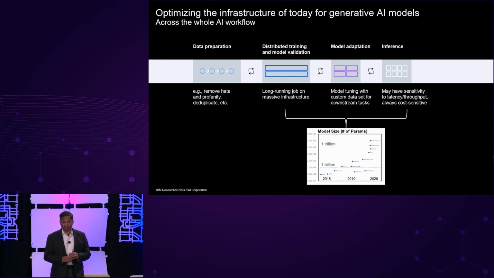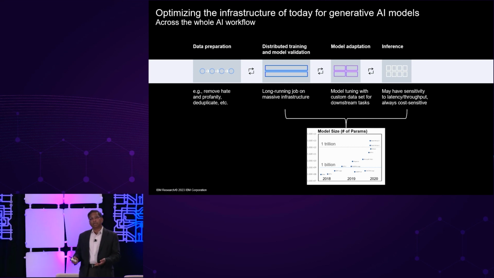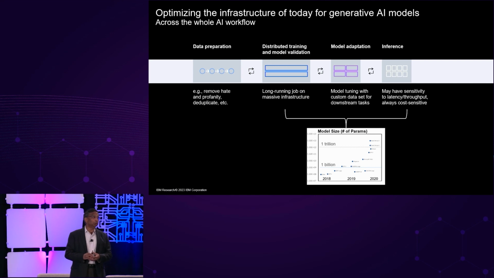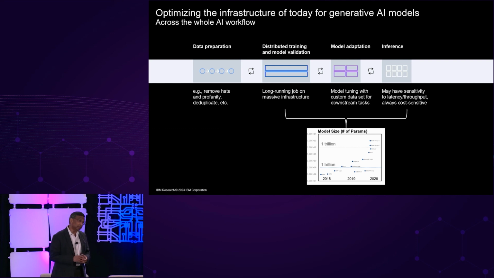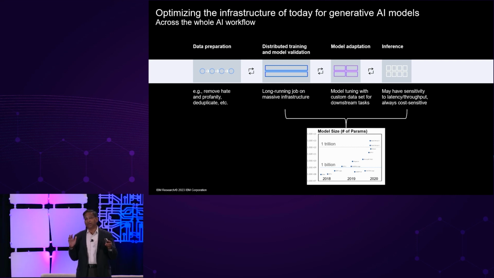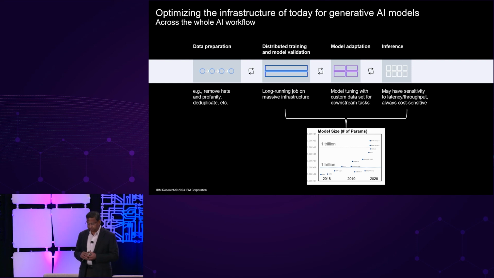Step 1 is data preparation, where you want to make sure that your data is clean, it's legal, and it's something that you can actually use to build the model. Second part is the distributed training and model validation. That's the really energy-consuming, very expensive, and very long process of building these large foundation models.